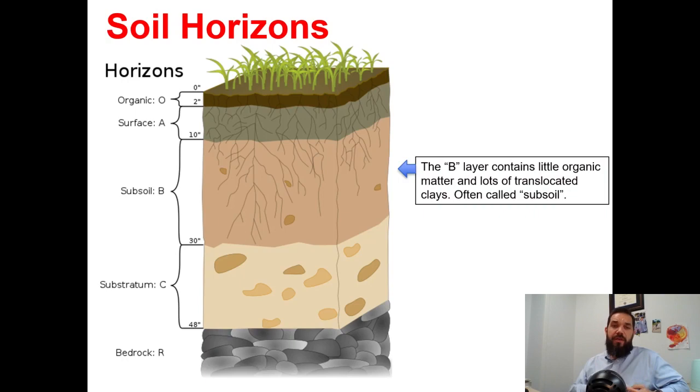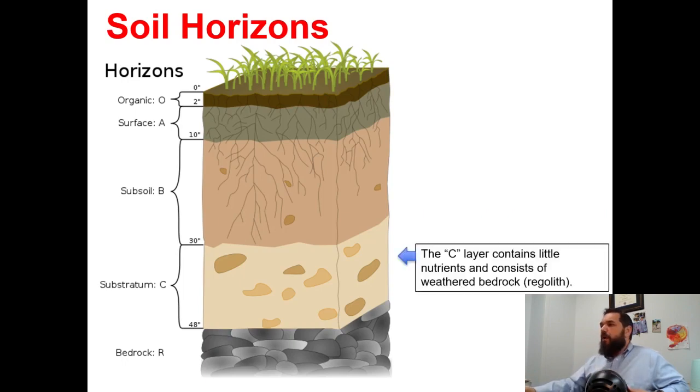It's almost totally depleted in organic matter, and therefore it's not going to support a lot of plant life. Below that is the C layer. This contains little nutrients. It contains no organic matter, and it's mostly regolith. And you can see that in this depiction.